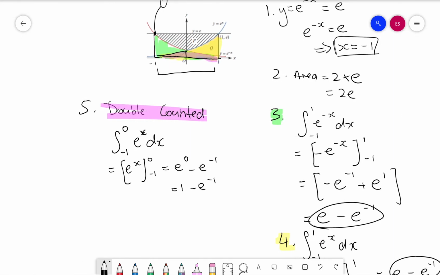And we can do the same thing for this little part here. And we'll get the same thing.